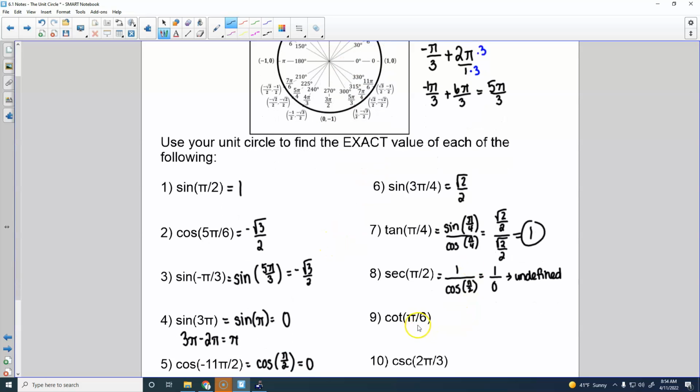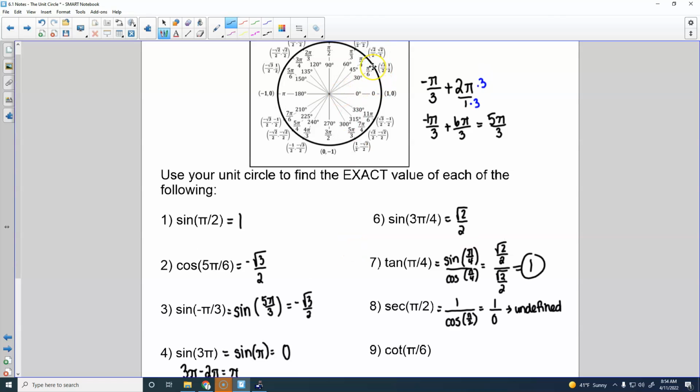Okay. Cotangent, pi over 6. Pi over 6 is right here. Cotangent is going to be cosine of pi over 6 divided by sine of pi over 6. Cosine is our x coordinate. It's square root of 3 over 2. And then our y coordinate for sine is 1/2.